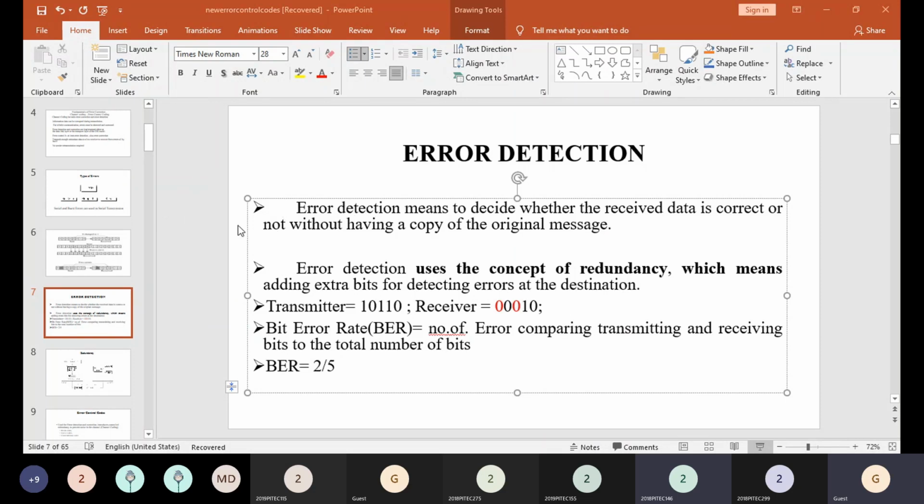As you know, the code word is C = M × G. The size of the code word is 1 by n, and the error vector is also 1 by n. So you have n outputs: k bits are taken as the input, and n bits are taken as the output.